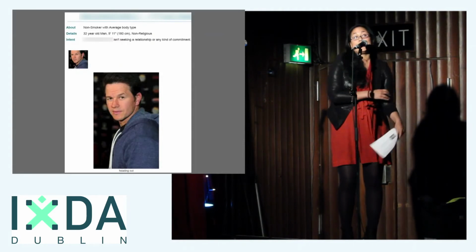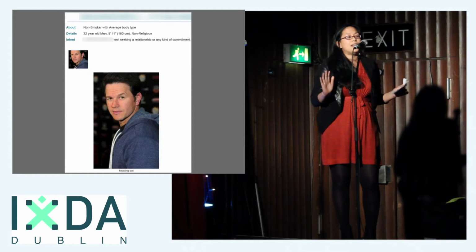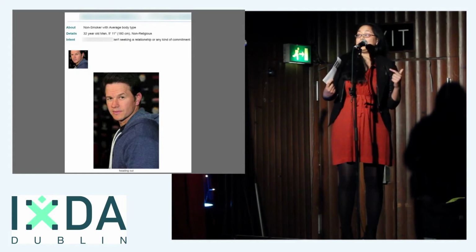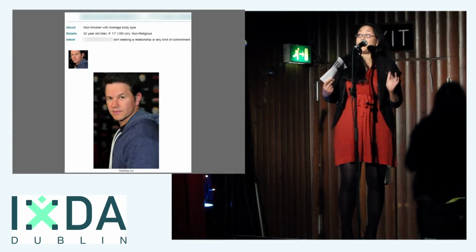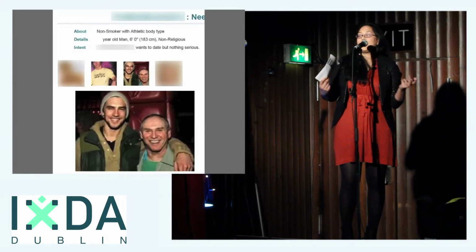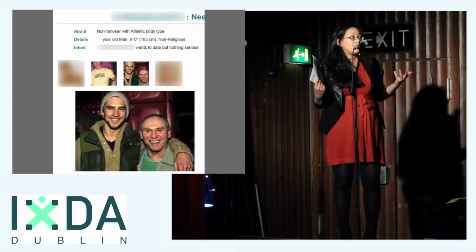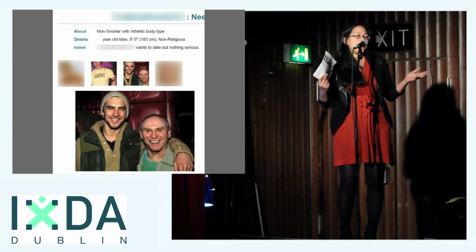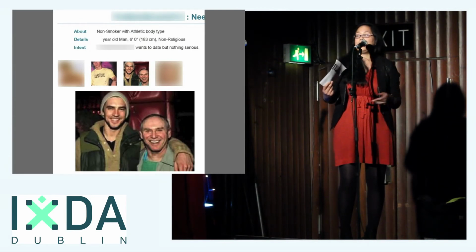Onto photos. Sometimes it's really obvious when people are taking creative license with their photos, but this is not always the case. In this next photo, which should come up in a matter of seconds, this guy looks like a really nice guy. It looks like he's hanging out with his dad and, oh, isn't that lovely? He's the kind of guy I might go on a date with.